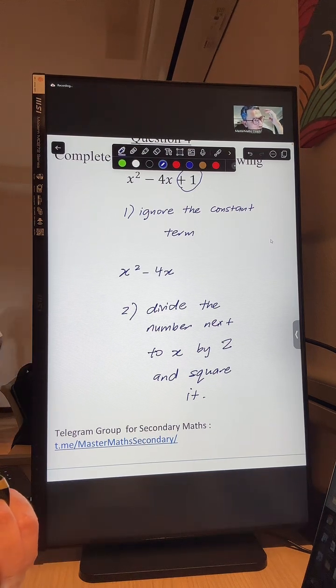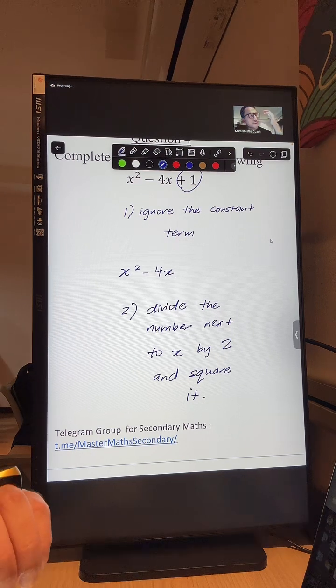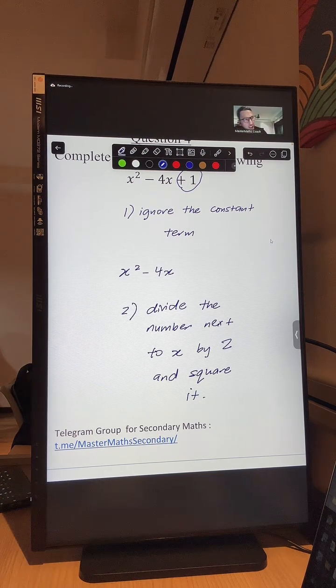We'll get a 4. Fantastic. Okay, somebody else just mentioned 4. Awesome. So you guys know what I'm doing here. I get 4. Now, what do I do with the 4?